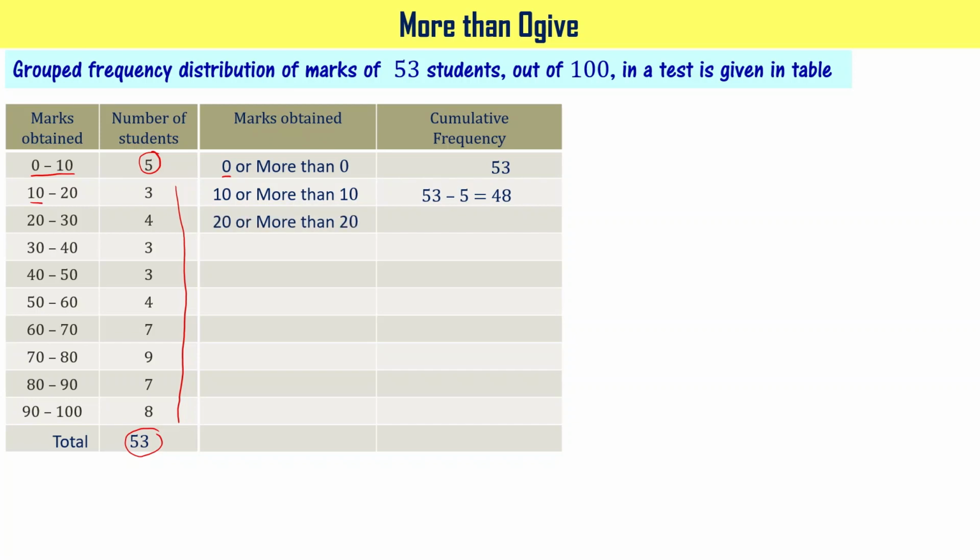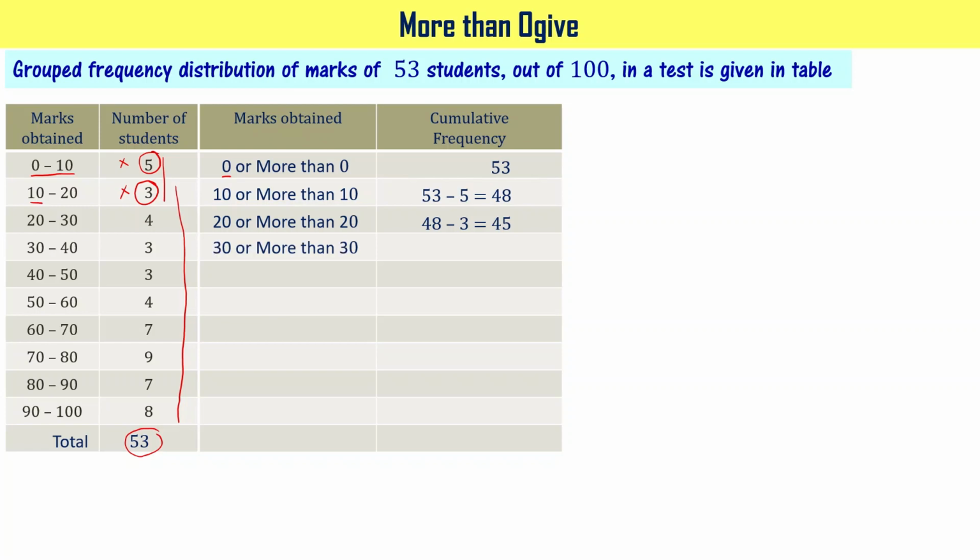Now 20 or more than 20, when you say, you will not be having this particular class and this particular class, right? Rest all will be there. It means you are going to subtract 8, that is 5 plus 3, from 53, or 48 minus 3, right? That is equal to 45.